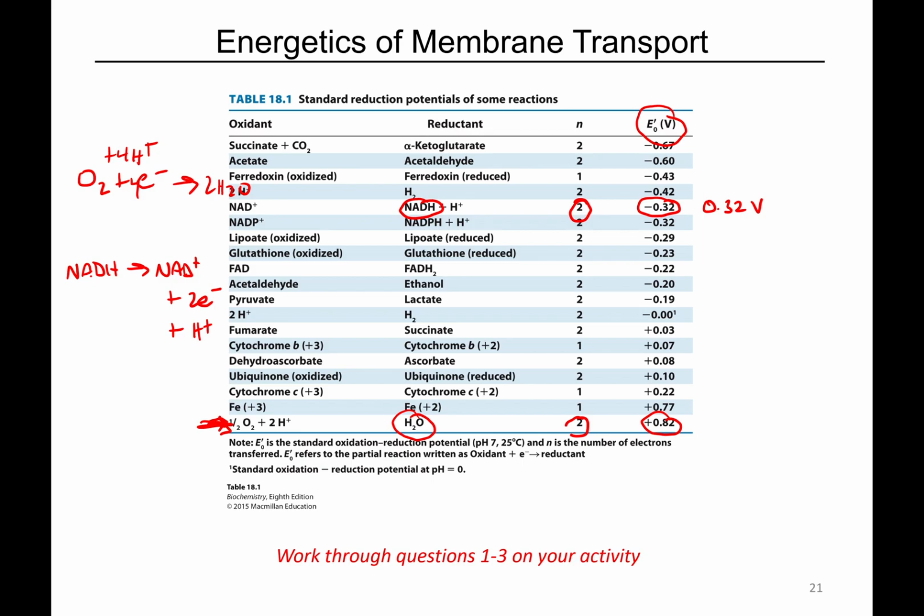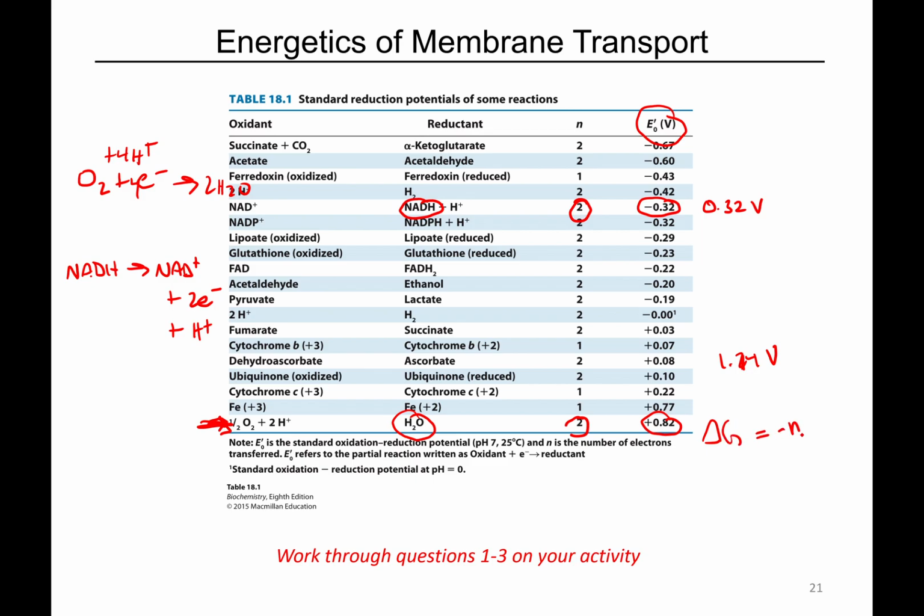We add up these 2 reduction potentials, and that gives you, what, 1.24-ish? My math right? Okay, 1.14 volts. Okay, so the overall potential of this reaction is 1.14 volts.